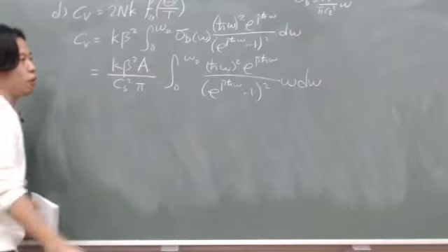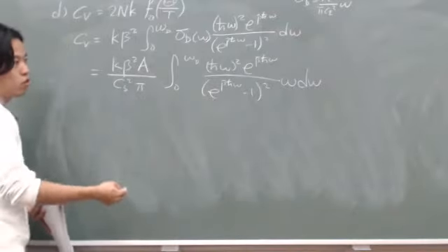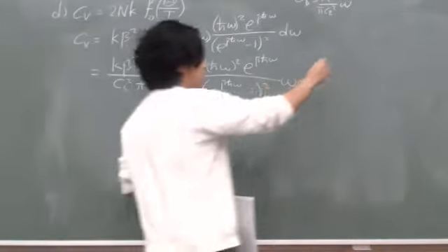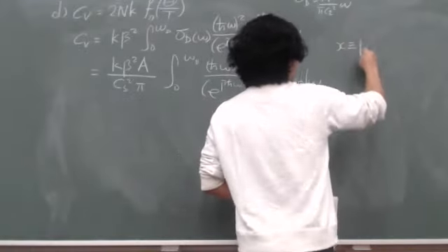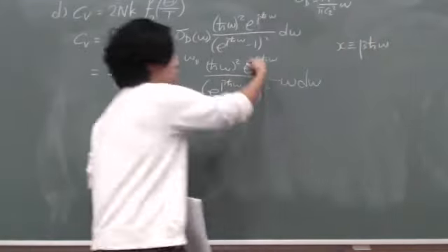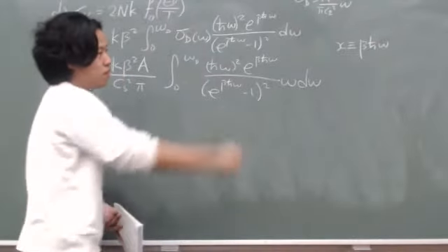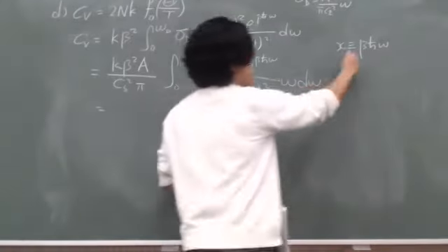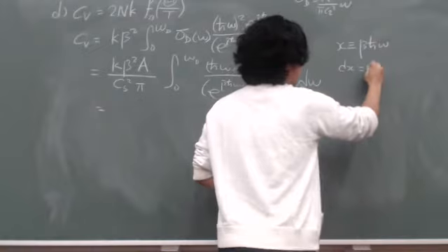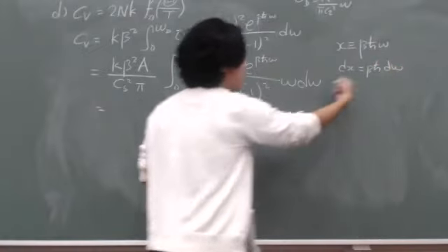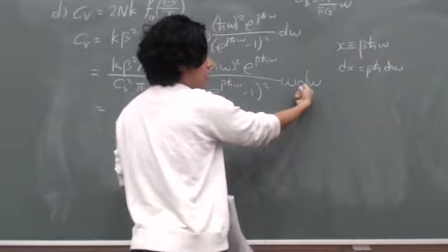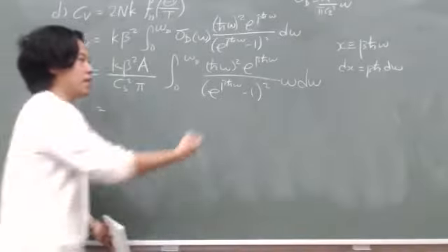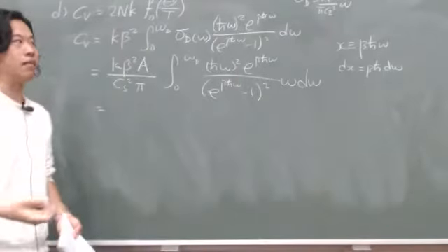Now we have to solve this integral, and the usual approach is to define a dimensionless variable, calling x this whole beta h bar omega, just to declutter and make it not look as scary. Then dx is equal to beta h bar d omega. You pick up some beta h bars from the d omega, and some more when you substitute out the omegas. But at least the exponent is neatly simplified.